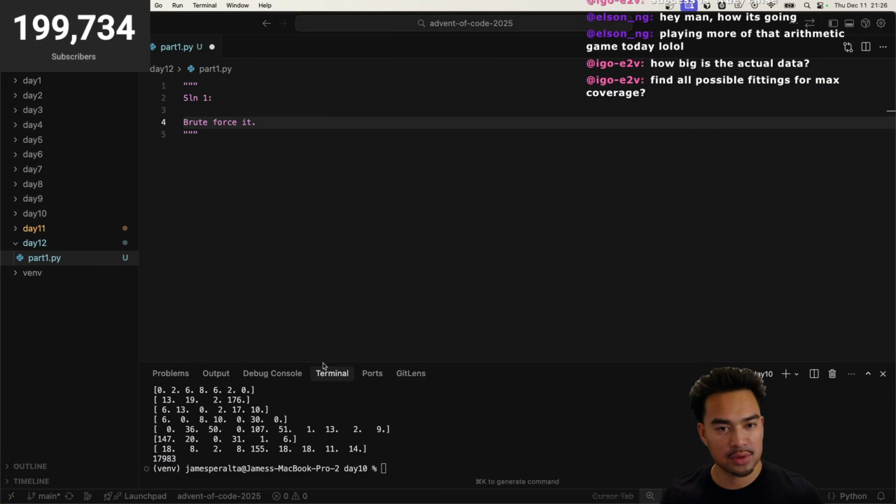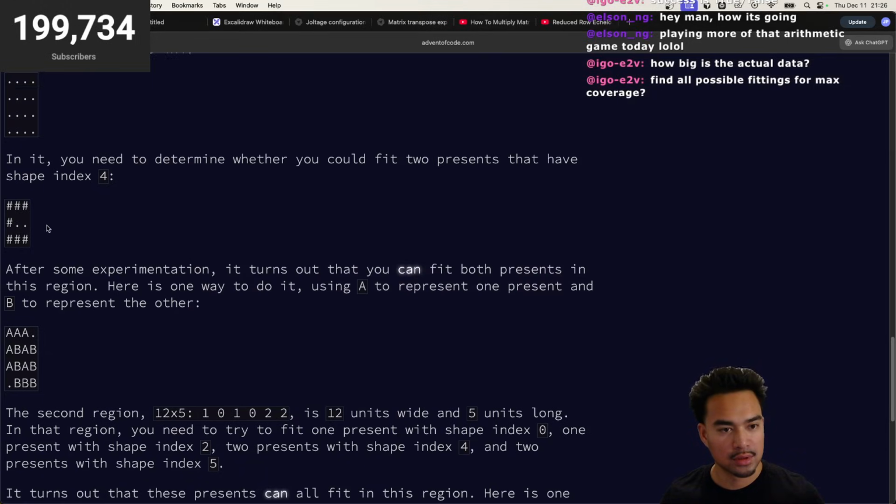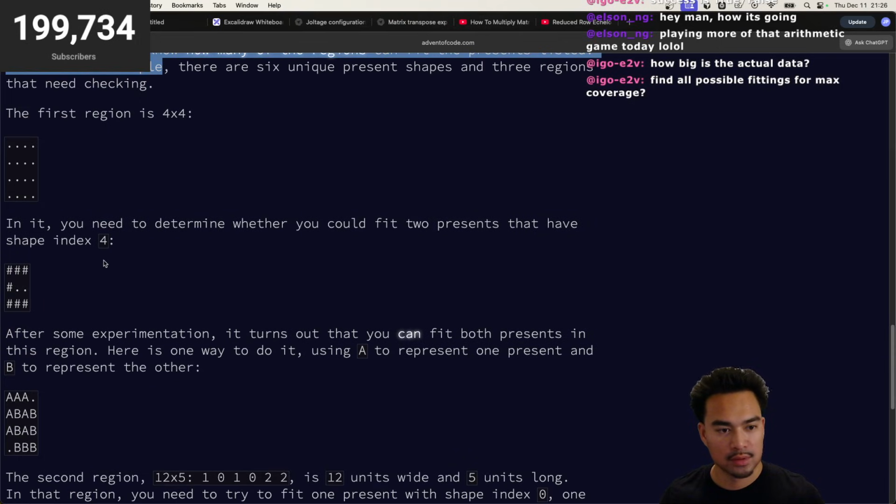For example, shape index 4, we need to place two of these.